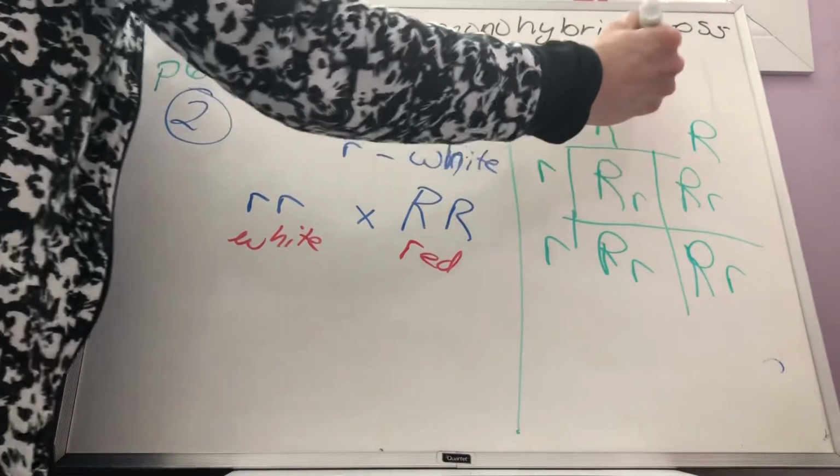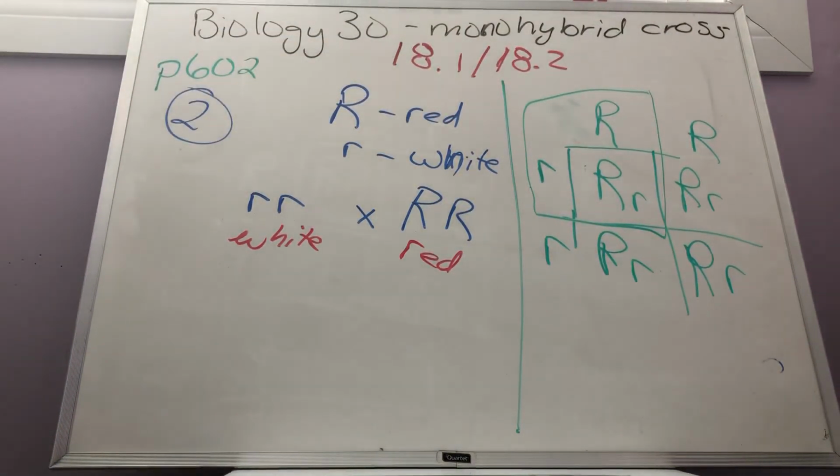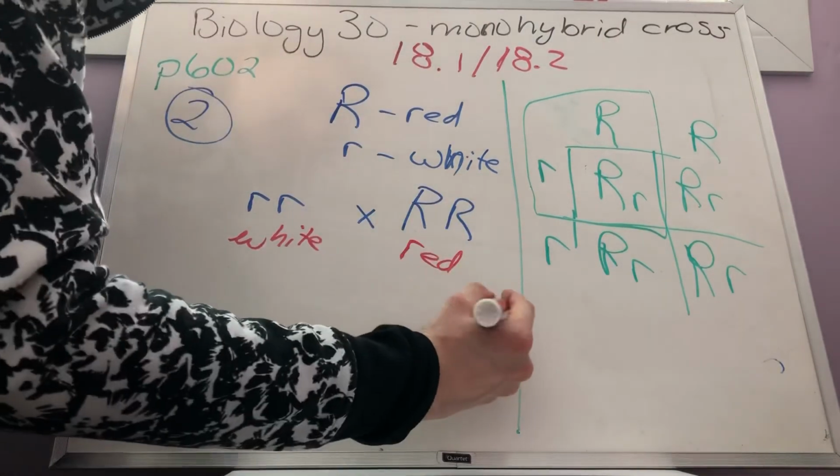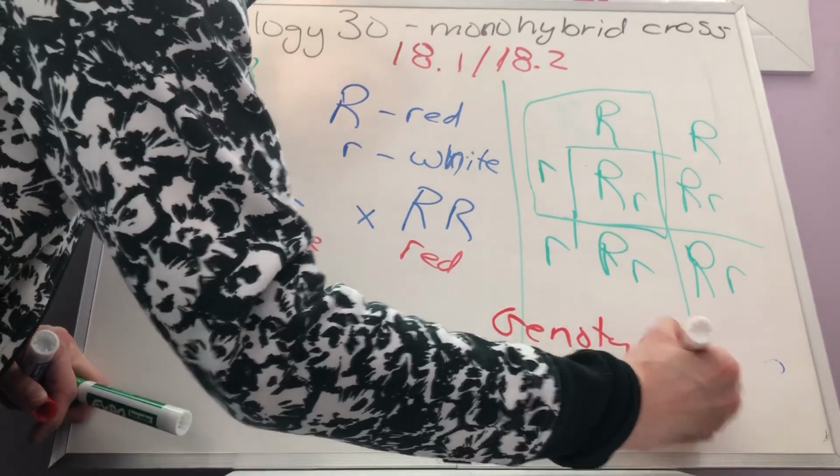So you could just do the one box right there, and then you get 100% heterozygous red. So your genotypic ratio would be 1 because there's only one thing, right? You're not going to see a lot of questions that actually have that.